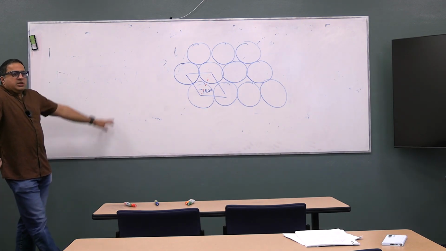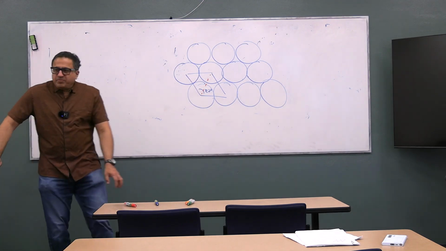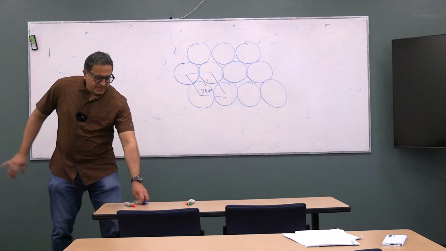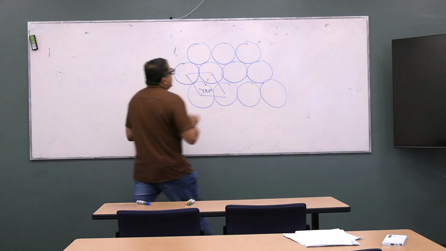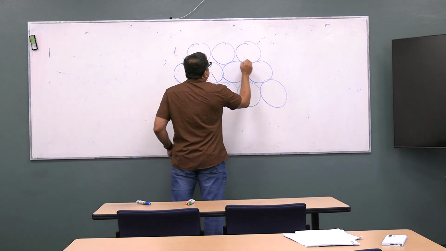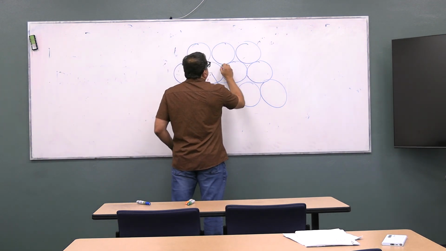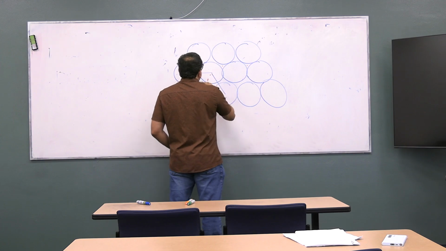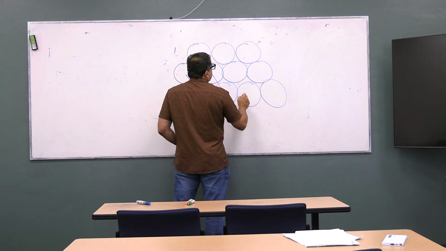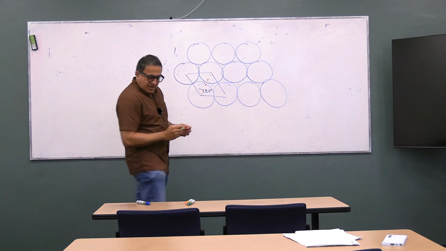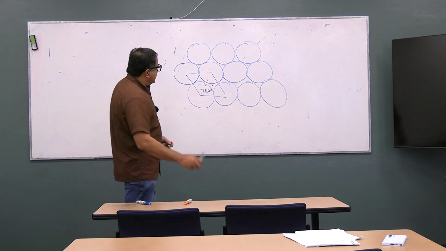Right? The second layer on top, if you build a similar layer, has two choices. If you look, there are these sites here. I'm going to put a red on alternate sites. These are red sites. And there are green sites.